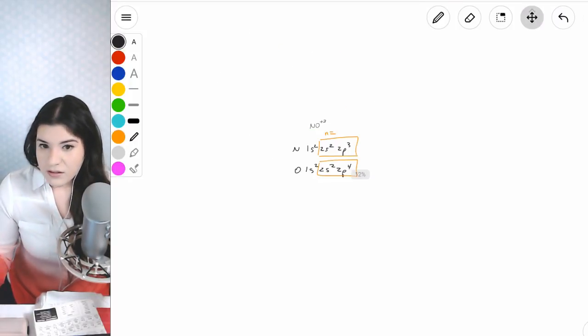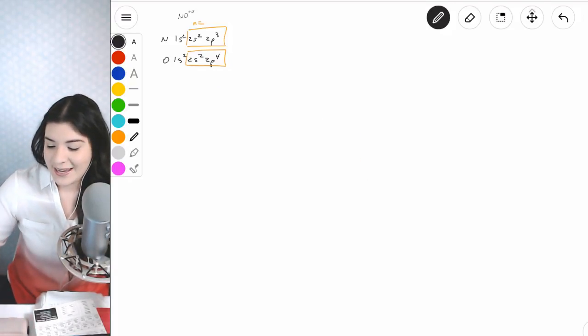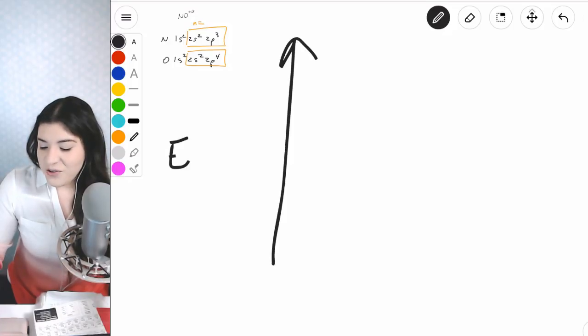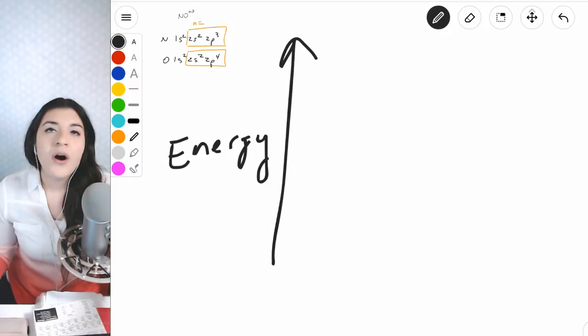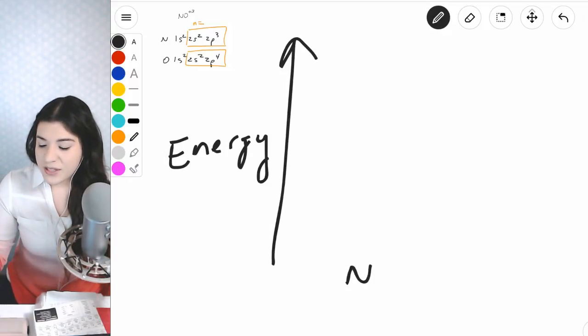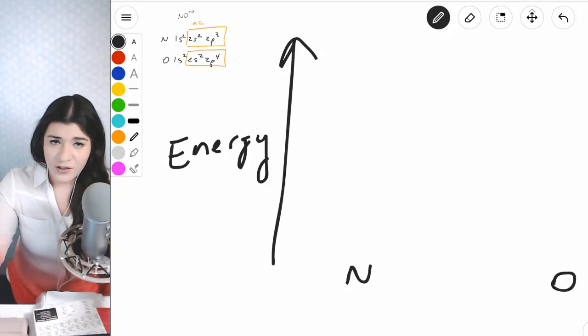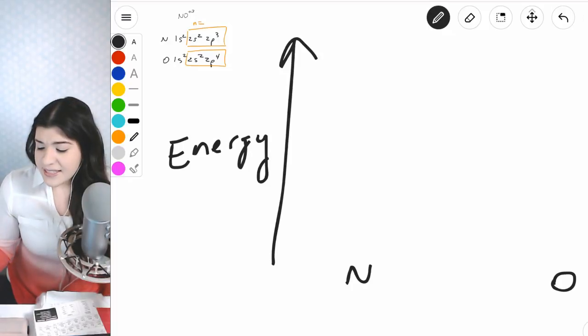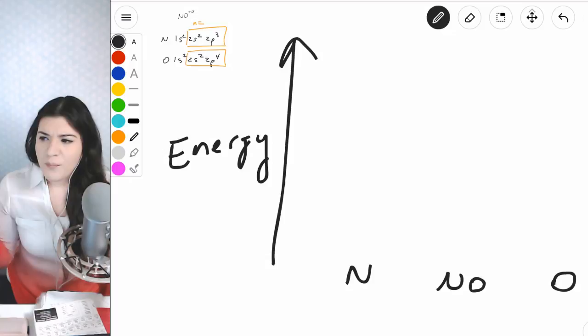Let me draw this out, because these take a second. You always want to show that you're increasing energy. Next, we'll show nitrogen and how that's building, and on the opposite side, oxygen, meaning using our orbitals, where are the electrons going? And then in the center, you're going to put the combined compound overall.